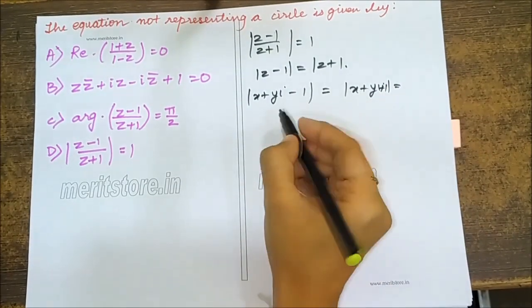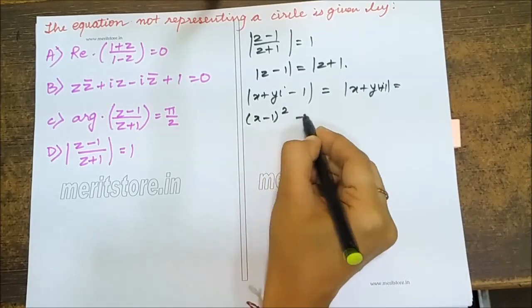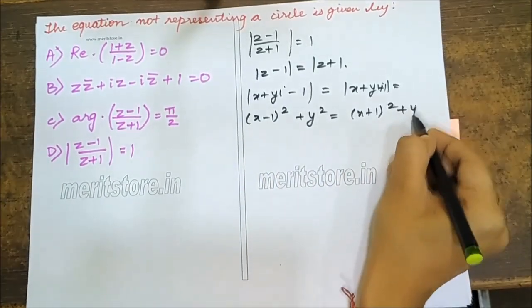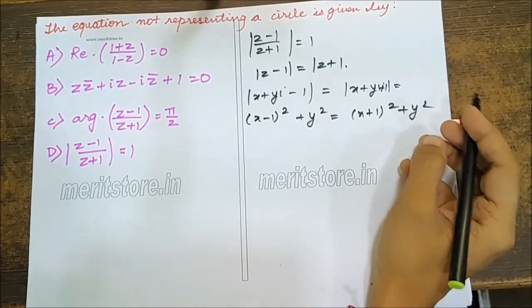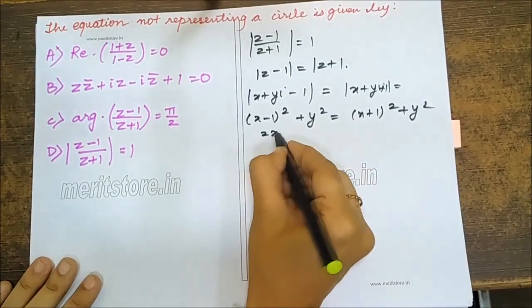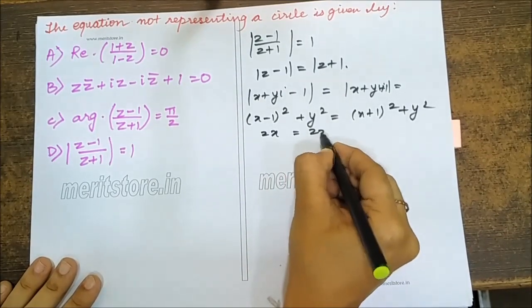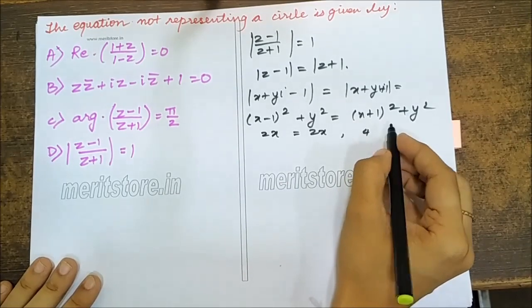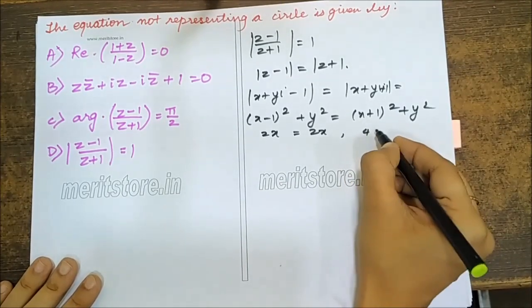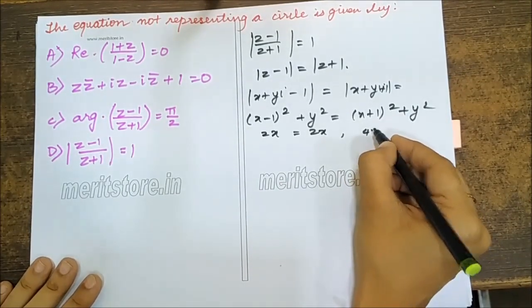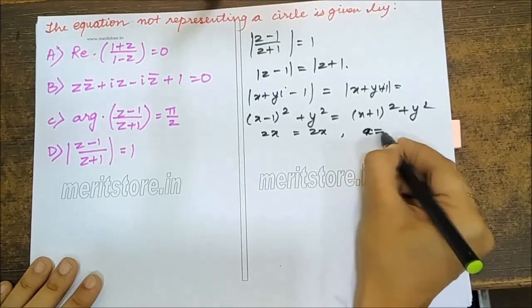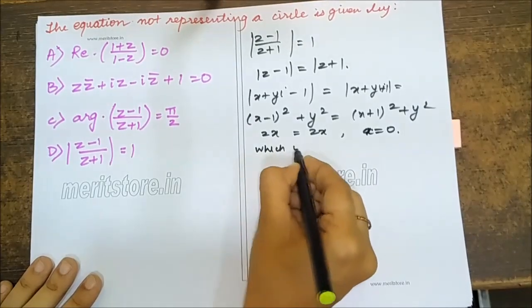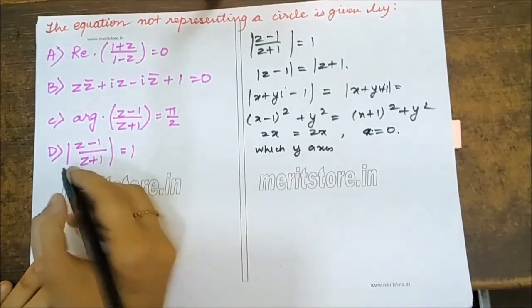Now this is equal to (x minus 1) the whole square plus y square is equal to (x plus 1) the whole square plus y square. You will open the brackets. You will get 2x is equal to minus 2x. When you get on this side, you get x as 0, which is on the y-axis.